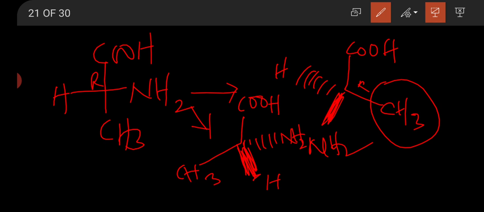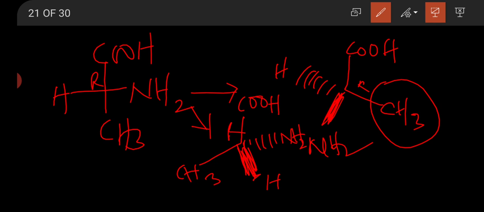Okay, that is 1, 2, 3 anti-clockwise and hydrogen above the plane, R configuration. This is the simplifying of Fisher to wedge formula.